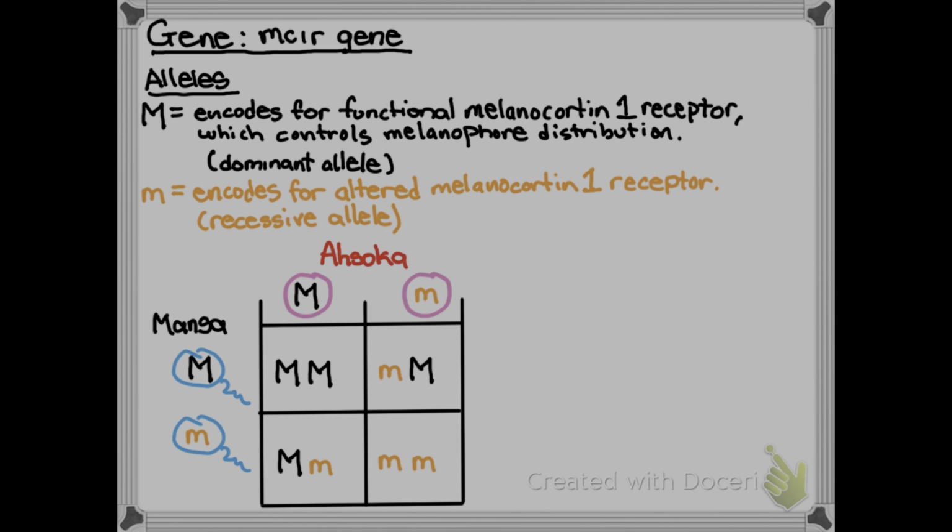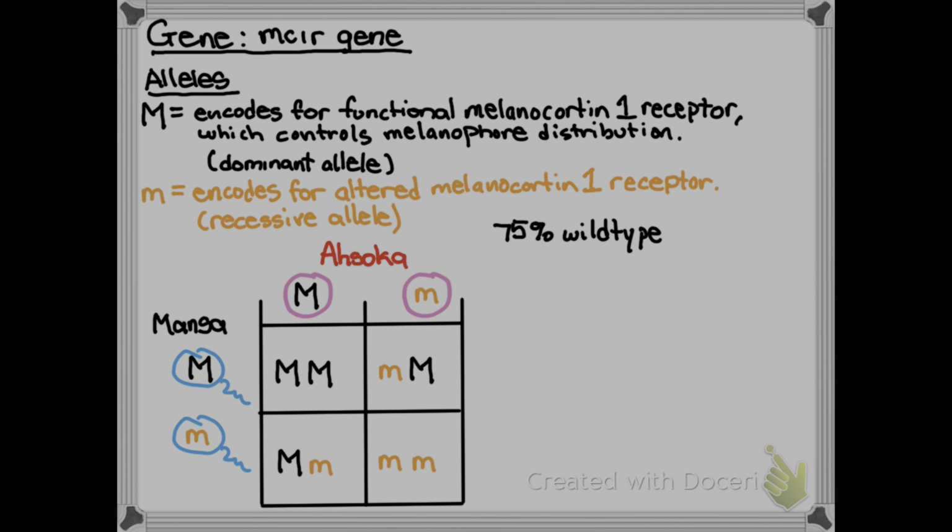And then when the sperm with the recessive allele fertilizes either the dominant allele for Ahsoka, leading to heterozygous, or the gamete with the recessive allele for Ahsoka fertilized by the sperm with the recessive allele from Mansa, we have our homozygous recessive individual that would result in the clown phenotype.